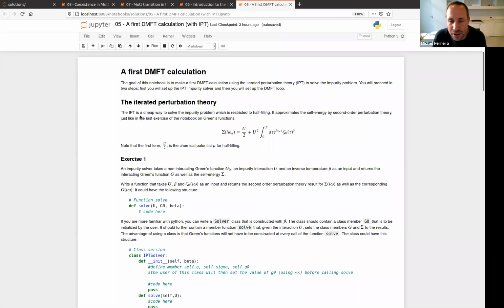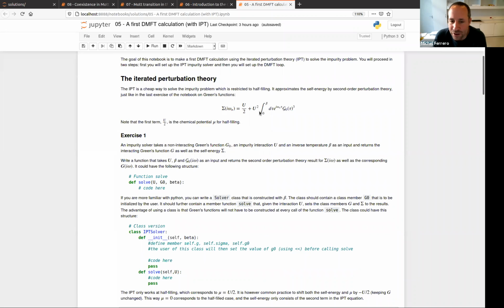So this notebook is one in which we're trying to solve the impurity problem that appears in DMFT, but by an approximate method, which is basically second order perturbation theory. We don't solve it exactly, but on the good side, we get an essentially analytical or semi-analytical result with no numerical noise, and we can do the analytical continuation.